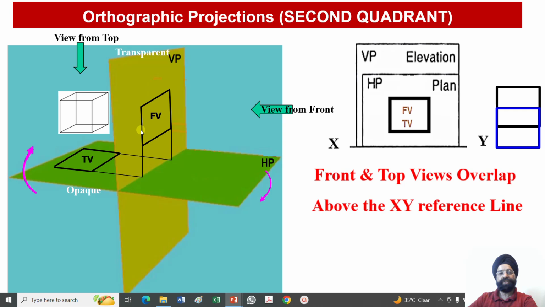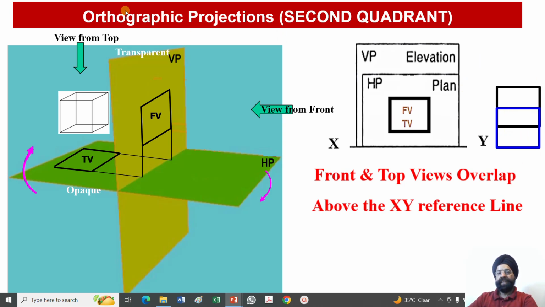If the distances of the object from HP and VP are different, then depending upon the distance, either the front view will be above the top view or the top view will lie above the front view. But still, these views will be intersecting, and the more the views overlap or interfere, the lesser the clarity obtained.